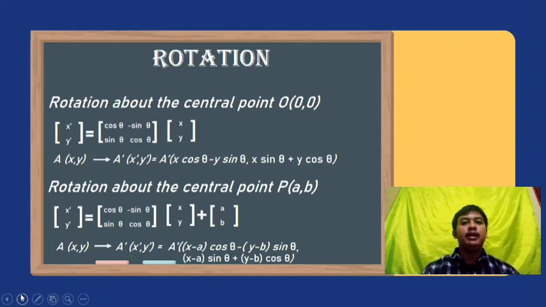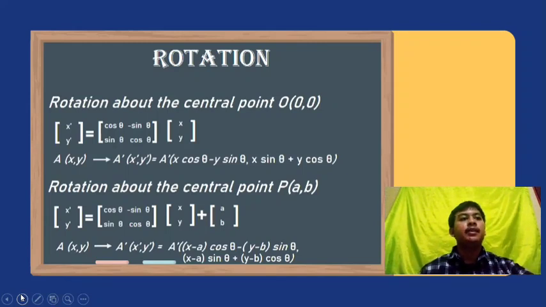The second formula is rotation about the central point P(a, b). In this case, we use the same formula as the first formula, but in this formula we add the a and b point.